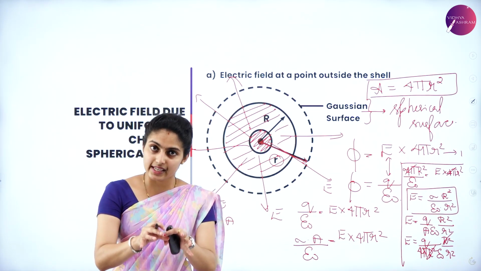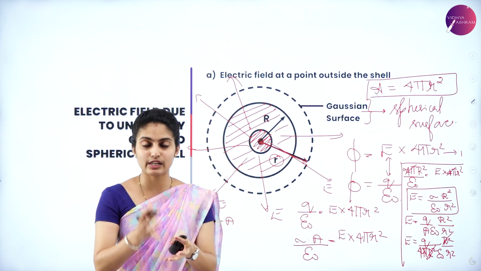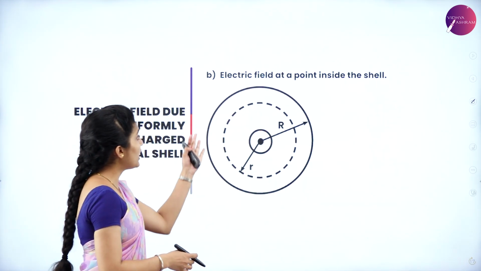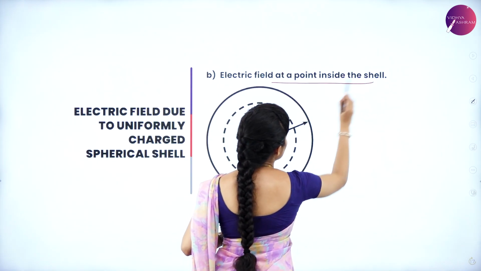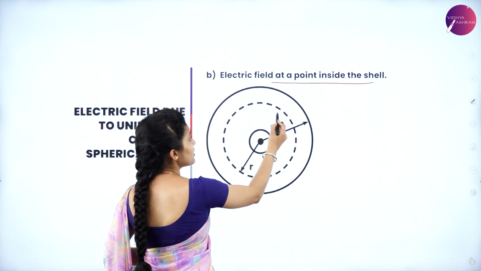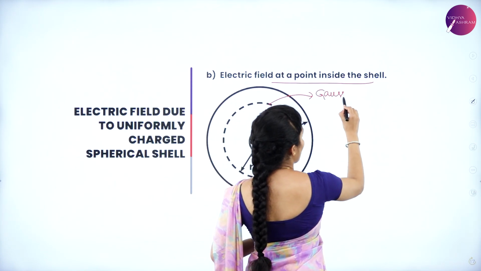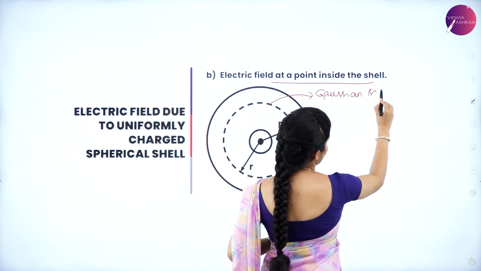Next is the same spherical shell, but now we calculate the electric field at a point inside the shell, so you will consider the Gaussian surface inside. This can be called the Gaussian surface.